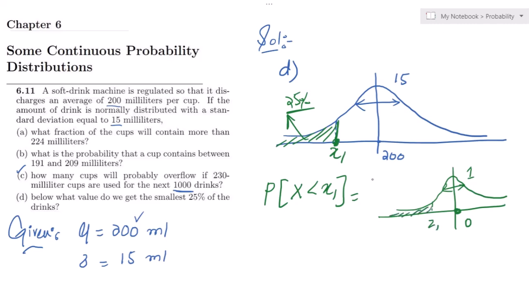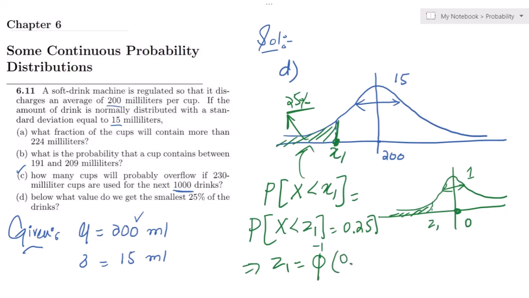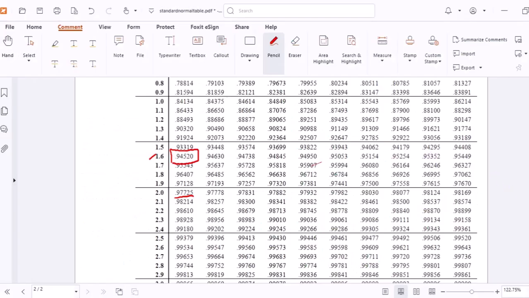We want to find this Z value, so the probability of Z less than Z1 is 0.25. For finding this Z value we would have to take the inverse of 0.25. So let me find it in the distribution table, the Z value which corresponds with 0.25. So let me search for 0.25.